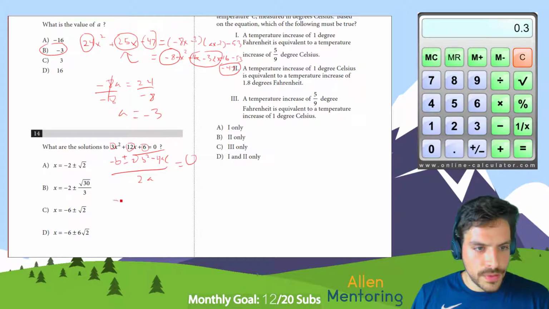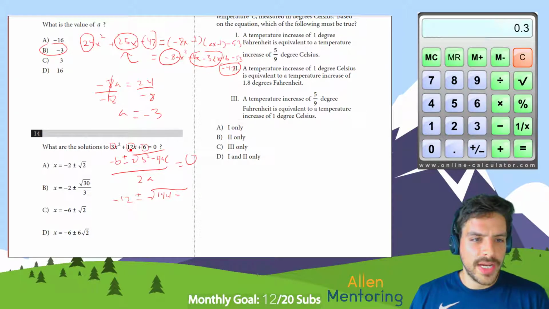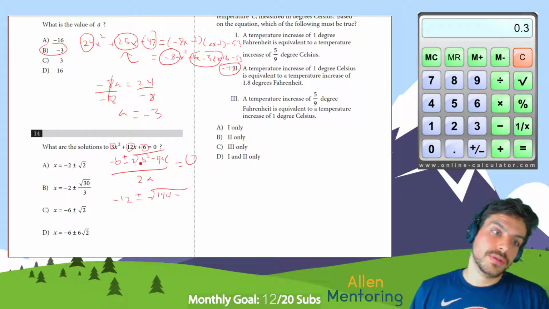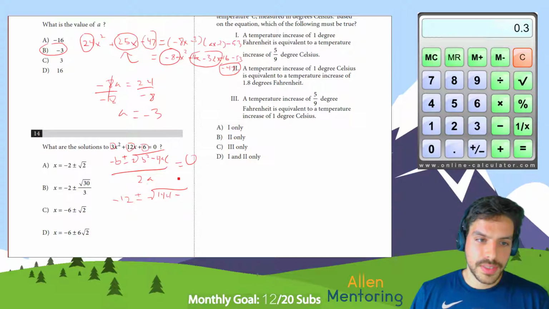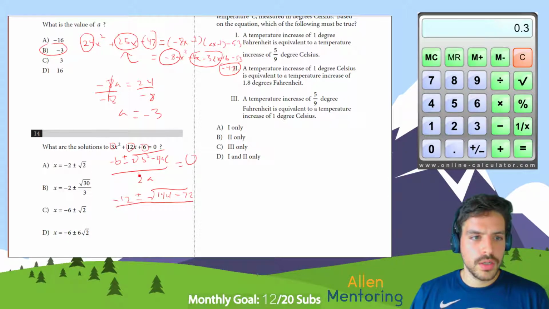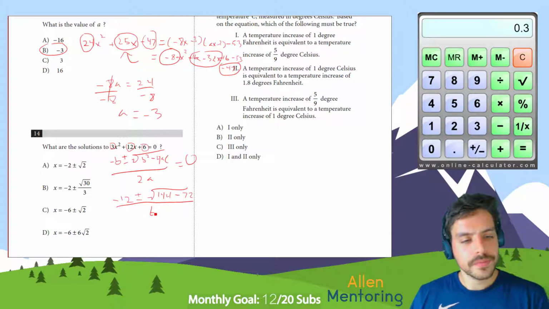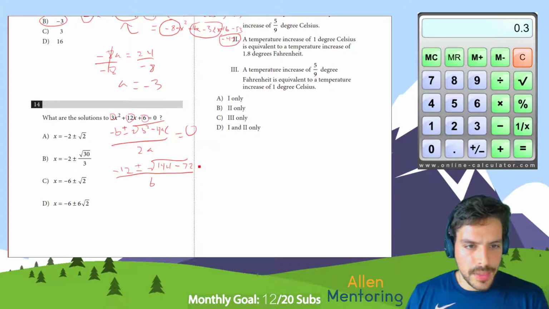So negative 12 plus or minus the square root of 144 minus 4ac. So 4 times 3 times 6. So 4 times 3 is 12, times 6 is 72, all over 2 times 3, which is 6.